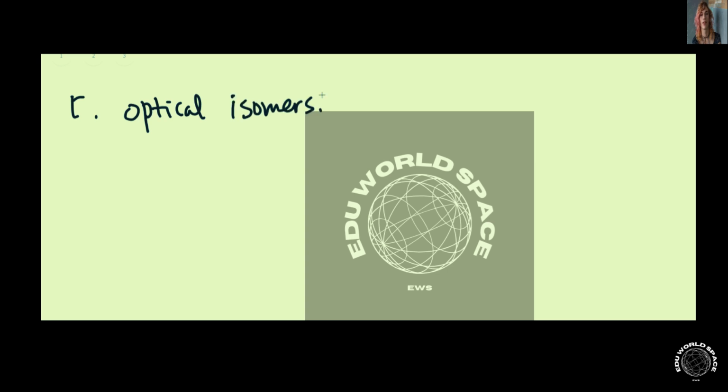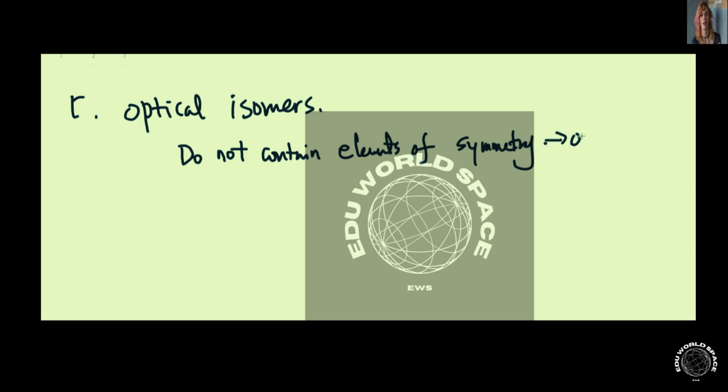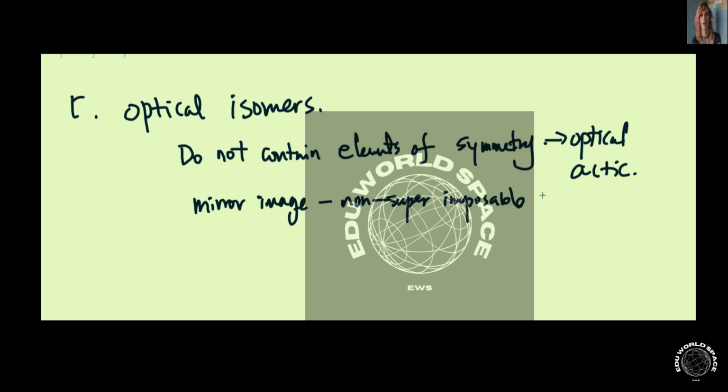Complex compounds which do not contain any elements of symmetry, and whose mirror images are non-superimposable, are said to be optically active.